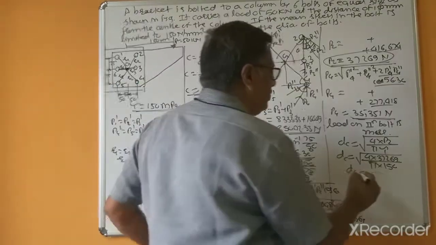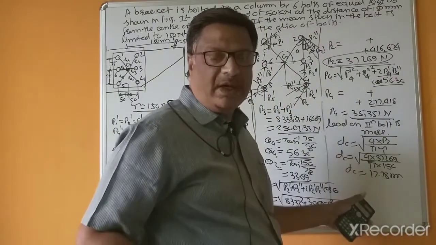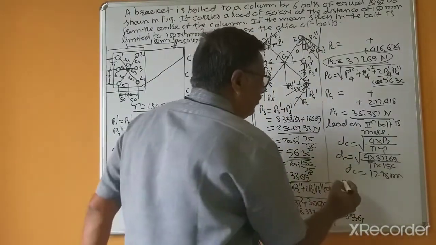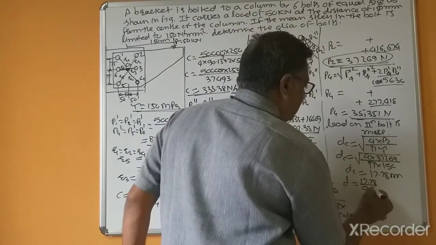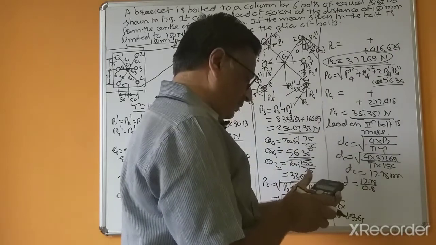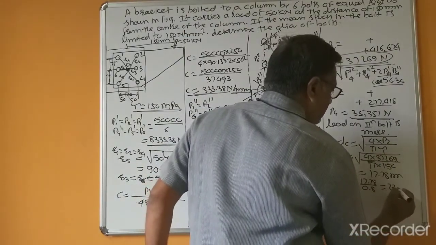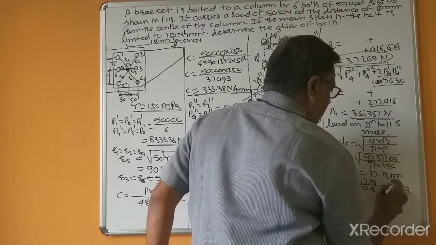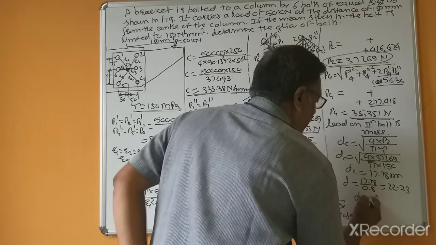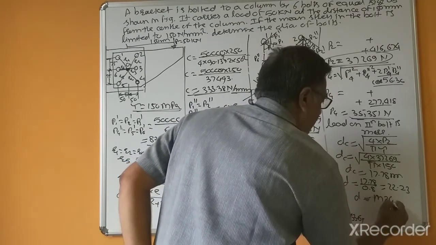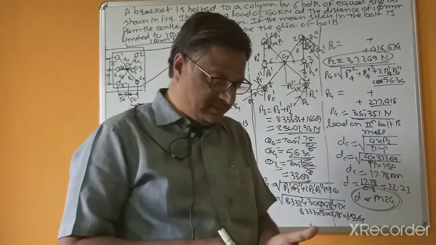Given is 150, the material strength. This is equal to 17.78 mm. But this is the core diameter, means this is the minor diameter. For the major diameter, equal to 17.78 divided by 0.8. This is 22.23 mm. So that's why the diameter of the bolt required is M24. So this is your expected answer.